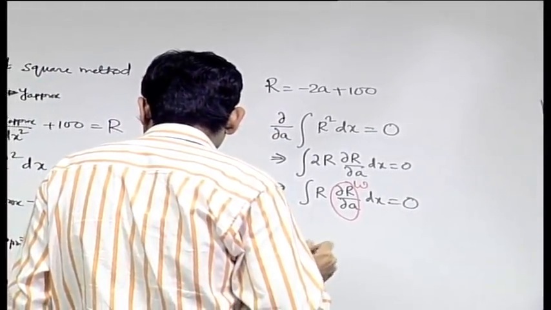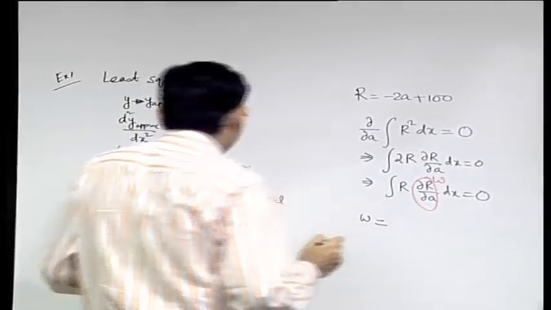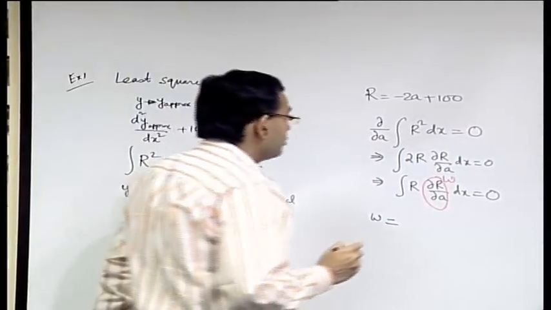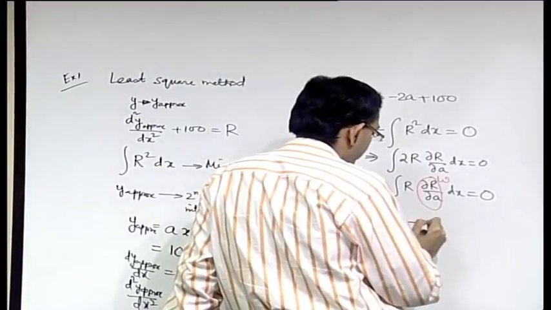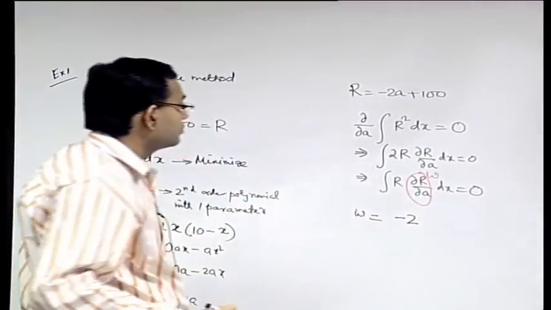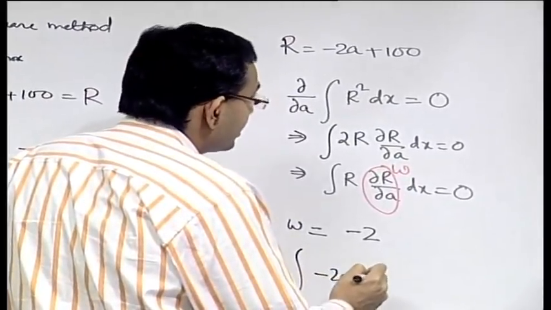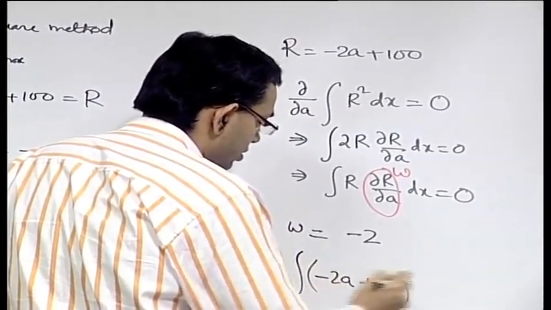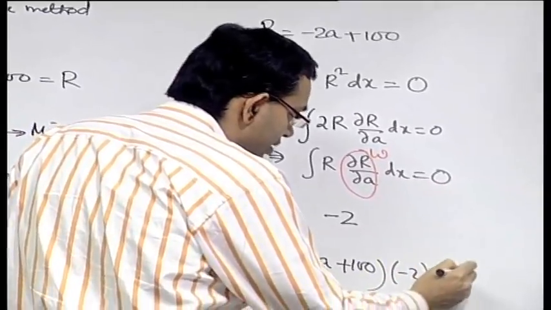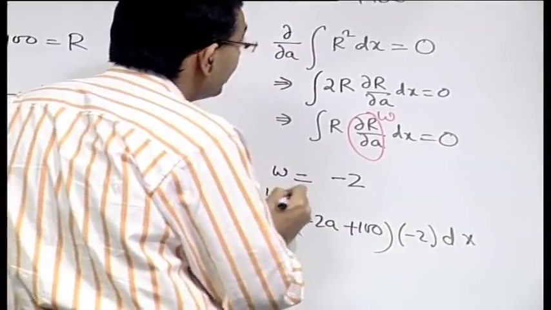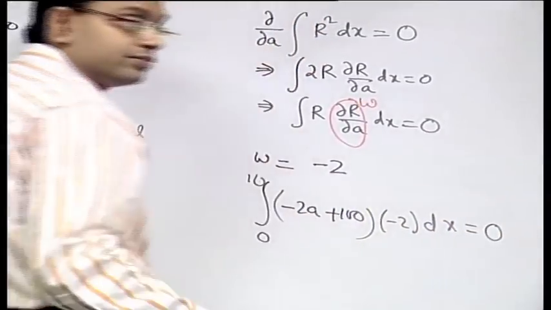Okay. So, let us find out the weighting function. The weighting function is minus 2. So, the integral of minus 2a plus 100 times minus 2 dx, with limits x equal to 0 to 10, is equal to 0.